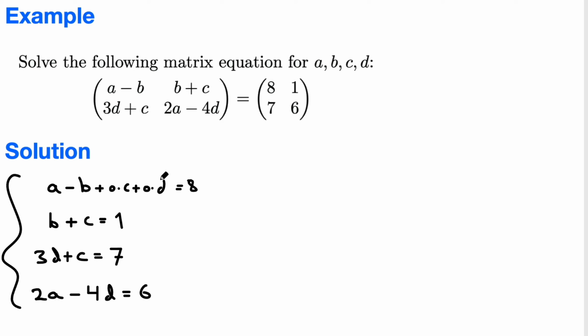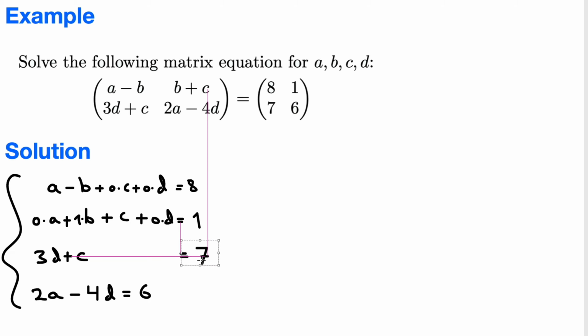And the second equation, B plus C, we're comparing to 1, and it's actually 0 times A plus 1 times B plus 1 times C plus 0 times D equals 1, and so on, right? We have a 7 over here.